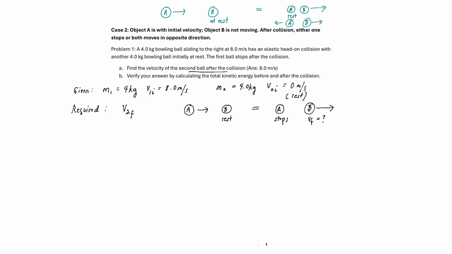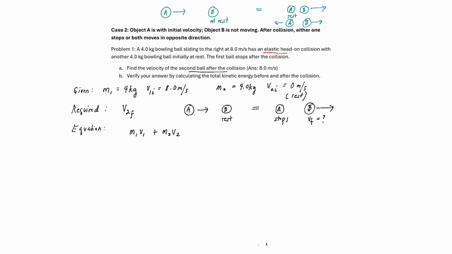By looking at our general equation, since it is an elastic head-on collision, we can use the formula M1 V1 plus M2 V2.